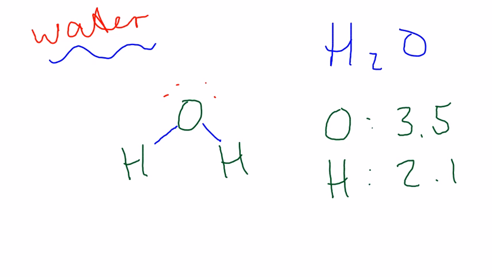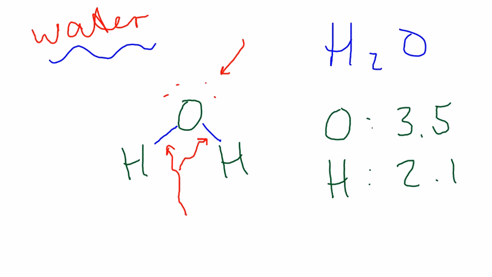So what that's going to mean is these electrons, the shared electrons that you have between the oxygen and the hydrogen, since oxygen is better at pulling electrons in, there's going to be more electrons around the oxygen than there is around the hydrogens.